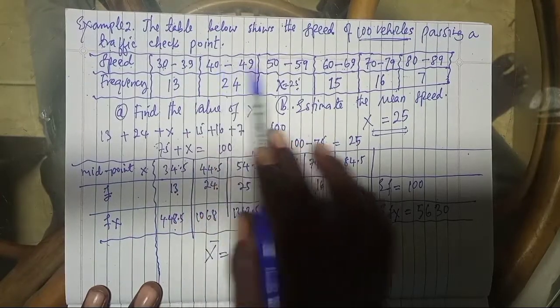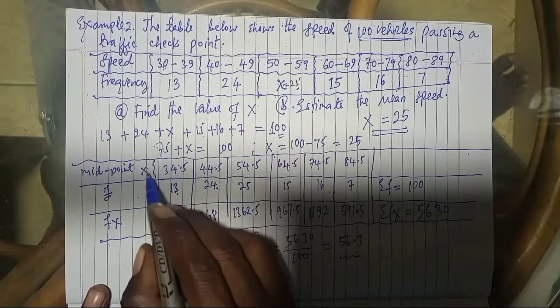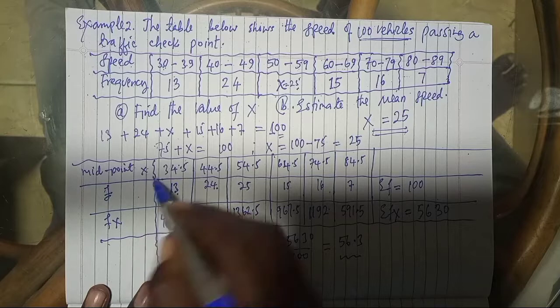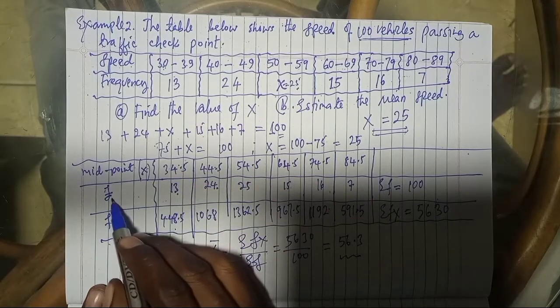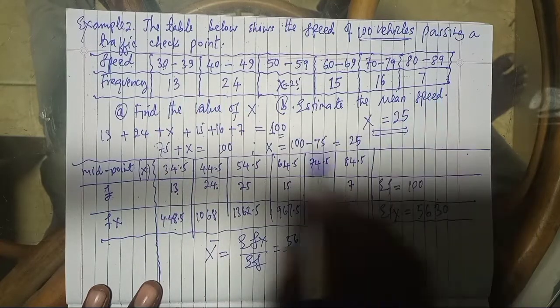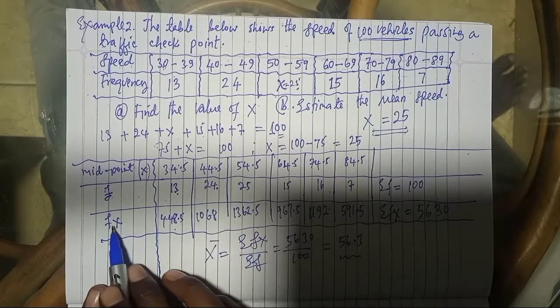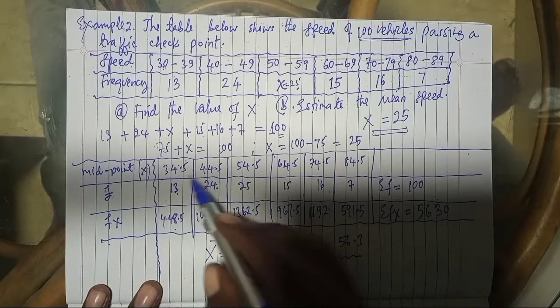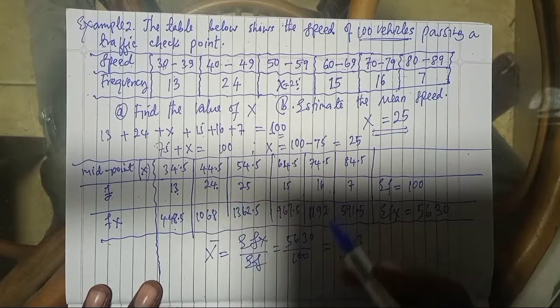You get the midpoint, represented by x. Then f is the frequency written in the question. And fx is taking x times f, a normal multiplication.